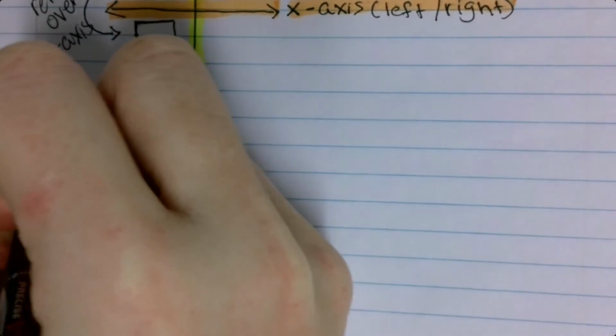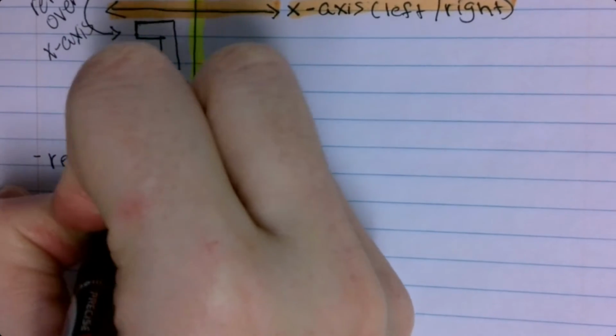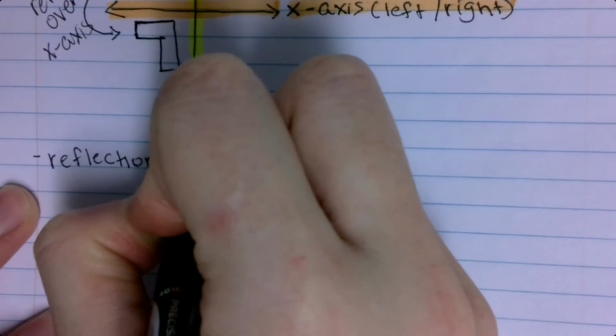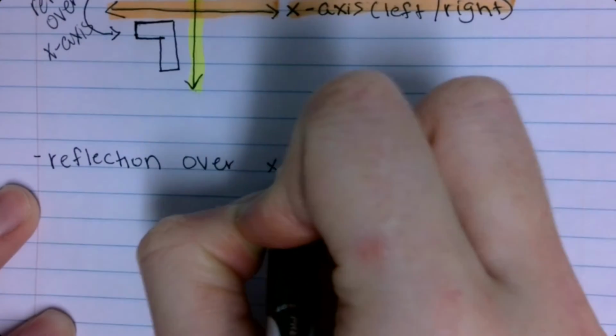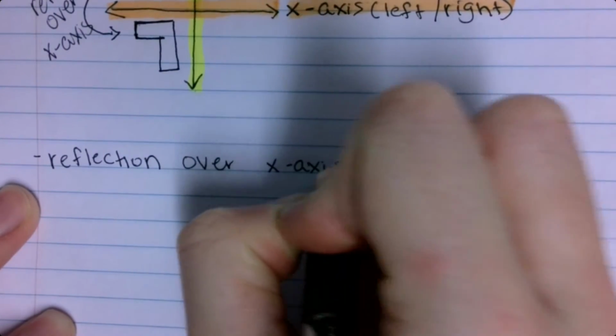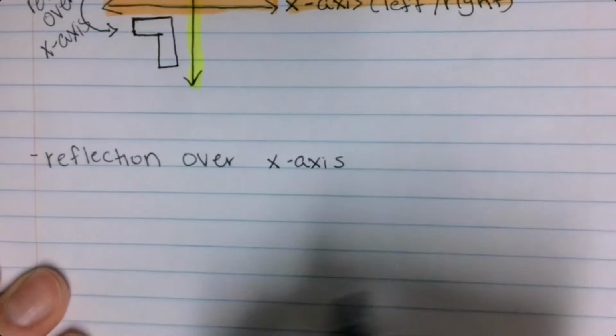All right, so now we're going to look at the actual reflections. So we are first going to look at a reflection over the x-axis. A reflection over the x-axis.